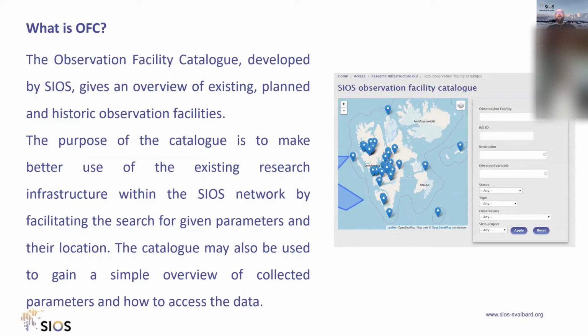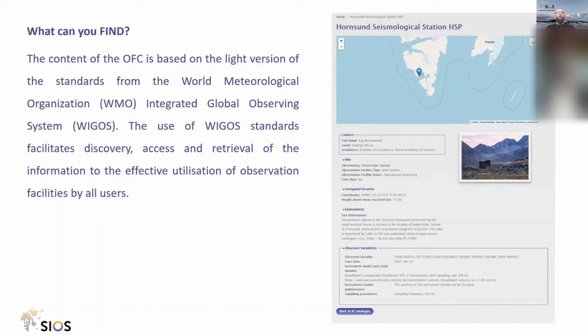The catalog was mostly developed by the Norwegian Meteorological Institute with input from the task force from the Norwegian Polar Institute and the Alfred Wegener Institute. What you can find in the catalog is information collected through the OFSTER, which is used when entering SIOS metadata and data into the SIOS data access point.